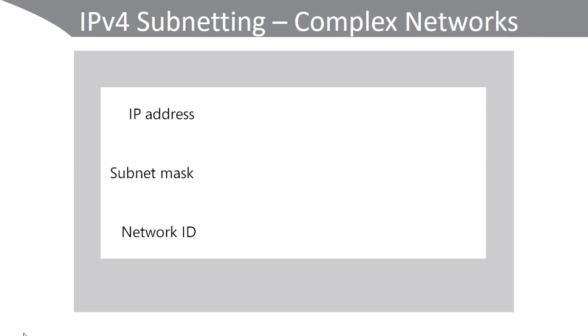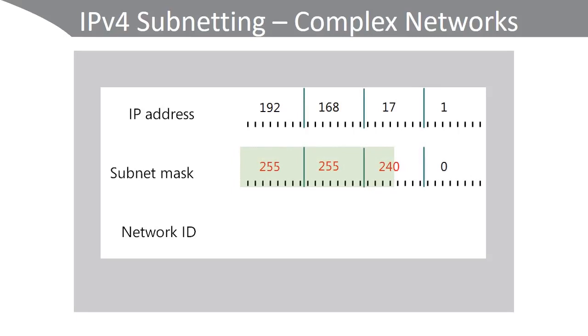If you've got a more complex network, you may not want to use whole octets, so you may use a variable number of bits. We have the same host here, with the same IP address, 192.168.17.1, but we're using a mask which uses not 24 bits, but rather 20 bits. This is indicated by 255, that's 8 bits, 255, that's 8 bits, and 240, which is 4 bits.